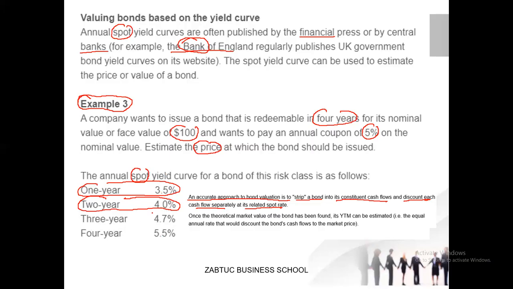Now, your next question is, these figures here, the annual spot yield curve figures, where will they come from? Will they be given in the exam? The rest of this discussion is you understanding where these figures come from. Look at this statement very carefully again.